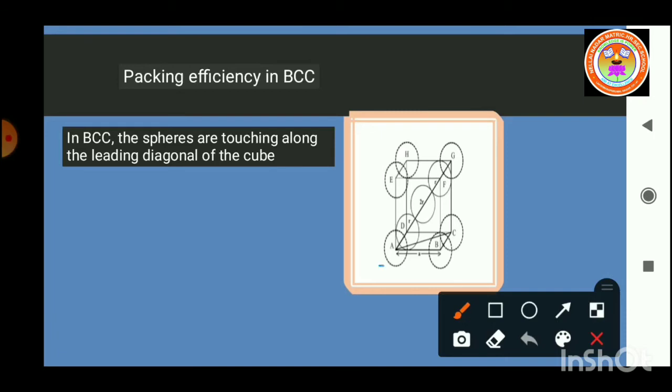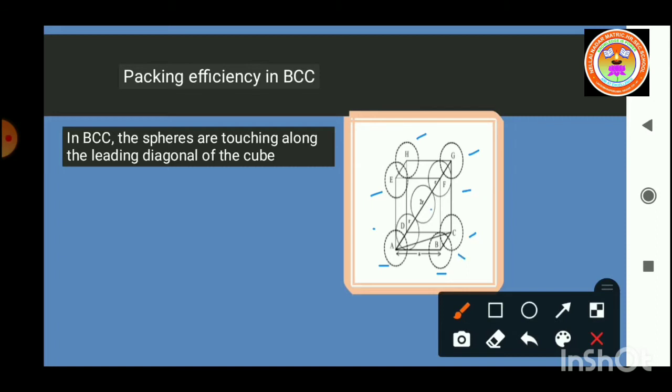This is represented as A, B, C, D. Atoms are present at the corners as well as the center of the cube, isn't it? That is called body centered. So see here, E, F, G, H are corner atoms, with one atom in the center. Now clear?